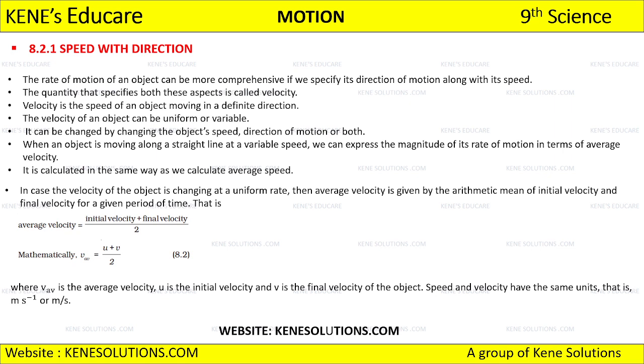I hope you have all gone through it, because here we have the formula for average velocity, which is equal to initial velocity plus final velocity divided by 2, right?